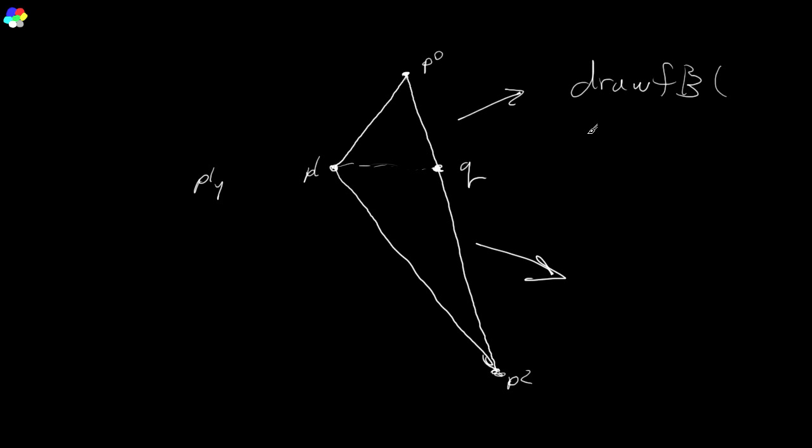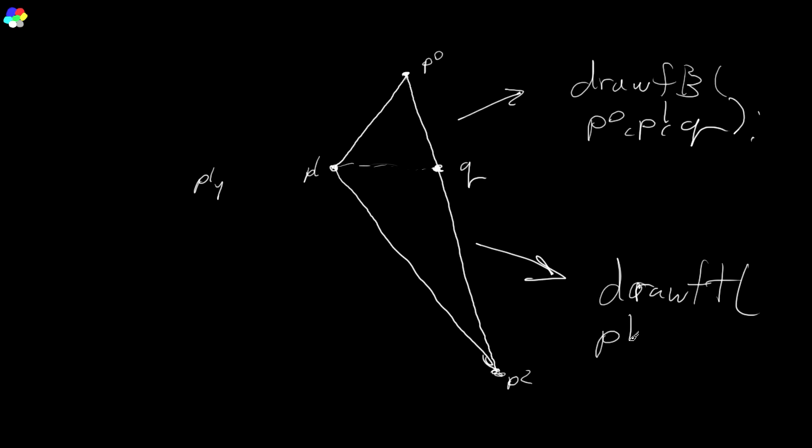And so we're going to draw this one with, let's say, P0, P1, and Q. And then we draw the flat top, and we'll draw this one with P1, Q, and P2. And that seems to work fine, except that it doesn't, and it messes your life up while you're trying to figure out why it's not working.